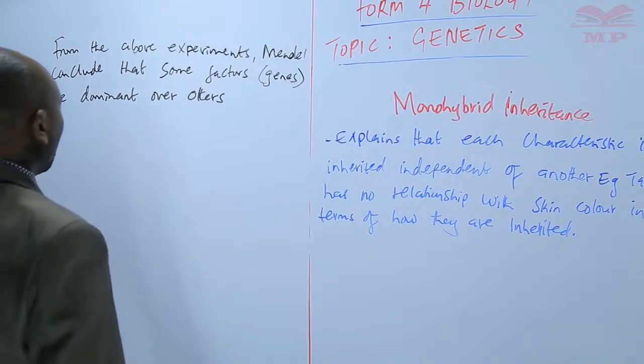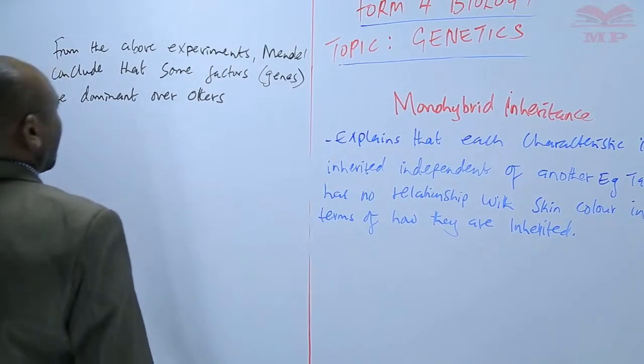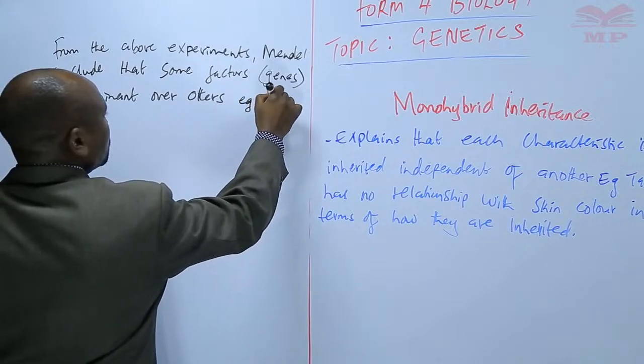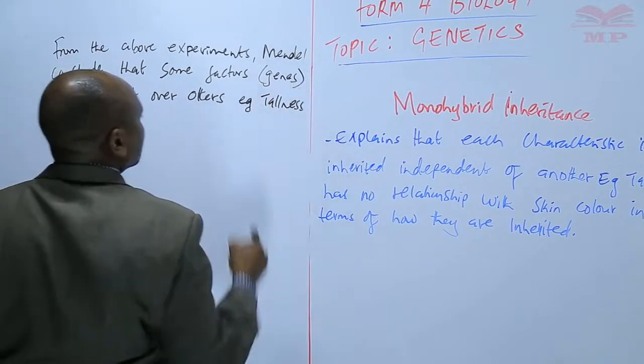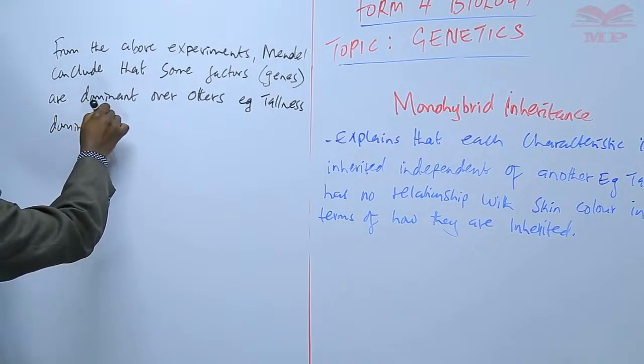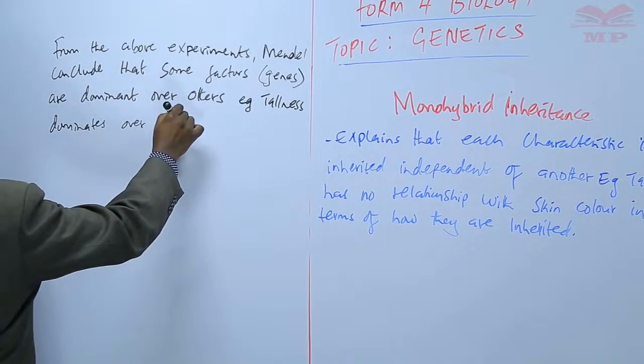Some factors are dominant over others, e.g., tallness dominates over shortness.